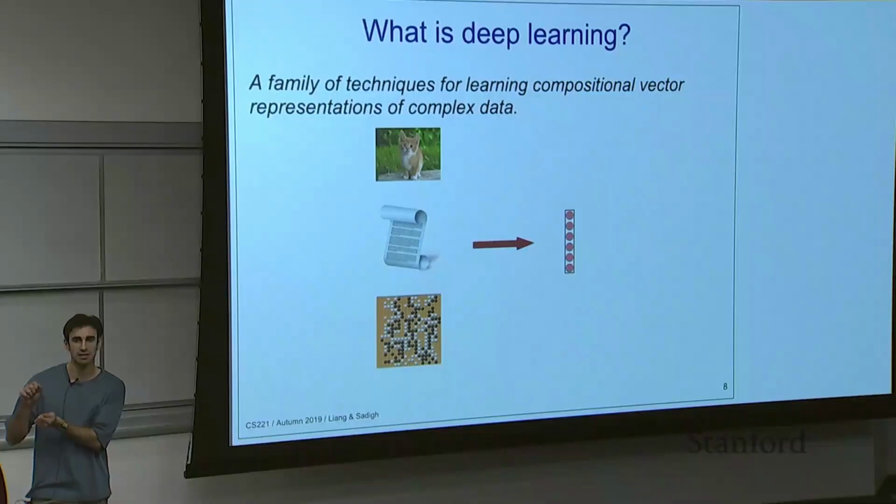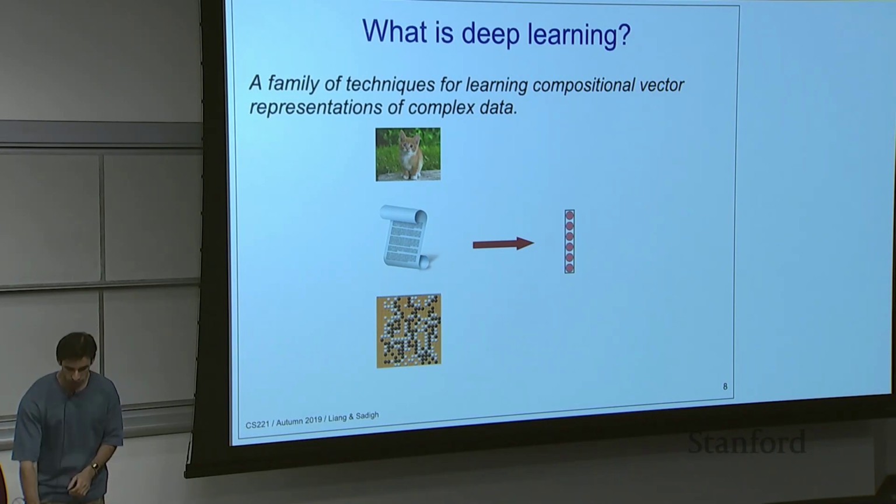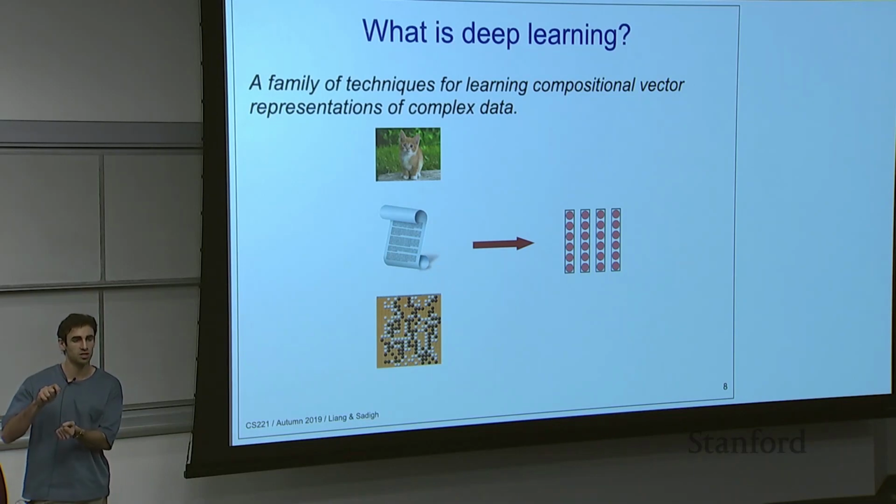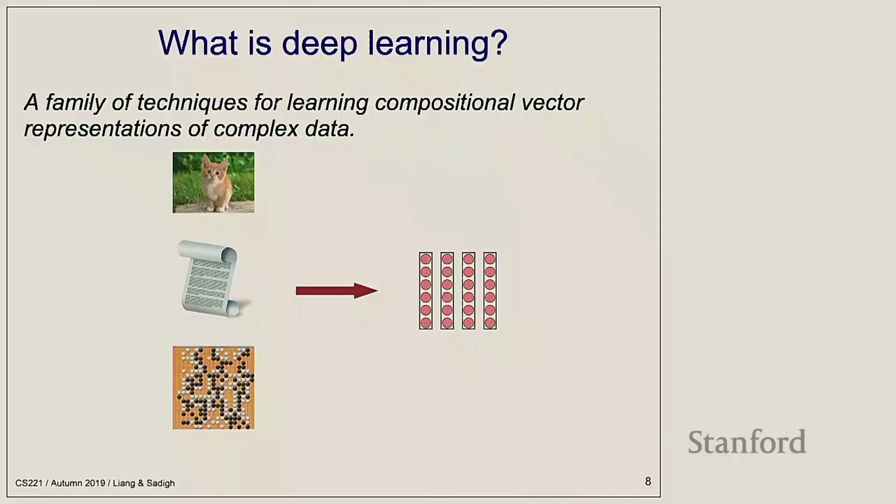This vector is going to be a dense representation of whatever information is captured by that data. This is very powerful because these vectors are compositional. You can use these components, these modules of your deep learning system, kind of like Lego blocks. You can concatenate vectors and add them together and use this to modify them. The compositionality makes it very flexible.